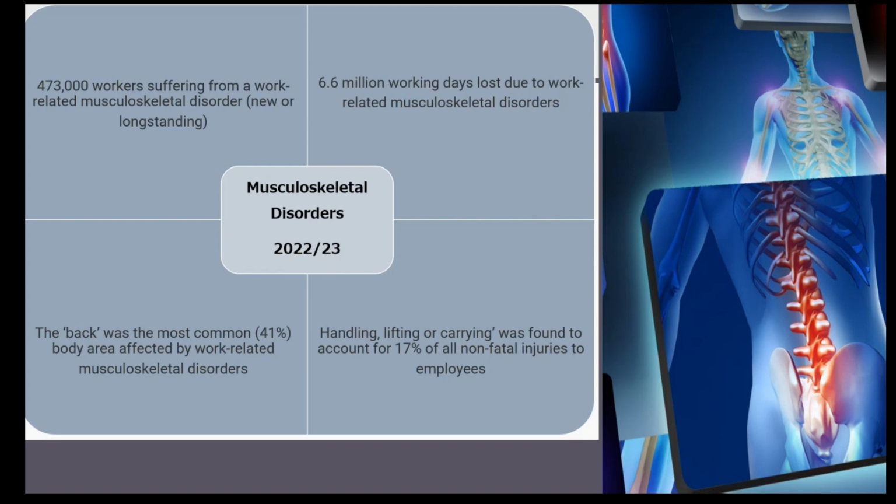And these are what's been reported through the HSE. So just looking at the musculoskeletal disorders here, we're looking at 473 workers suffering from either new or existing or long-standing musculoskeletal disorders there, resulting in 6.6 million working days lost due to these disorders.